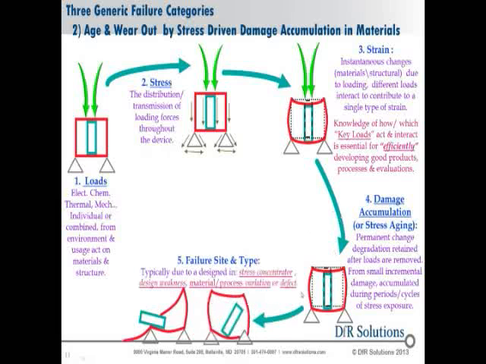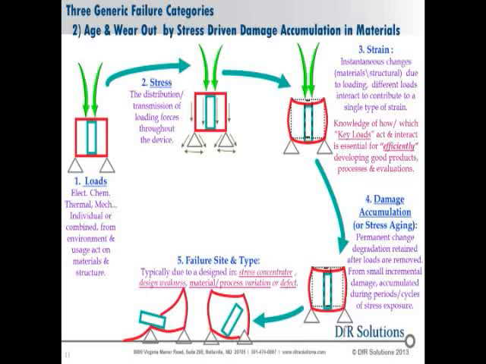Now, eventually, if you keep applying these cycles or continuously loading conditions, you are going to come up with failures that will occur either at a point where you have a stress concentrator, an overall weakness of some sort in the design, or possibly a material or process variation or a defect put in, instead of a design weakness, a variation-induced weakness.